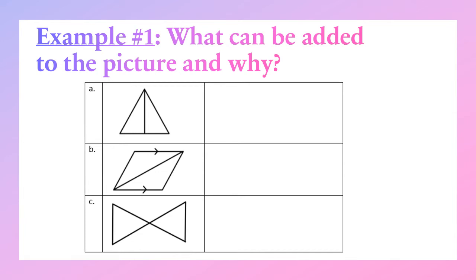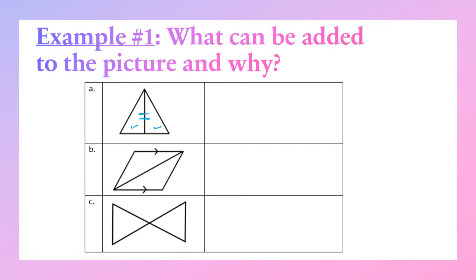There are three kind of hidden but not hidden things that you need to remember to watch for. We did this earlier in the year with proofs, but we want to revisit these because they're going to come up and you're going to need these pieces of information to prove your triangles are congruent. In the first picture, we have this side right here in the middle, and it's part of the triangle on the left and part of the triangle on the right.